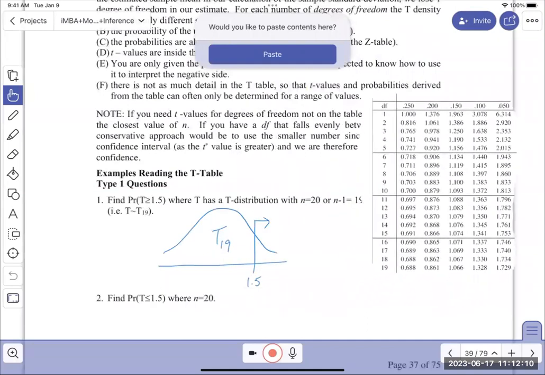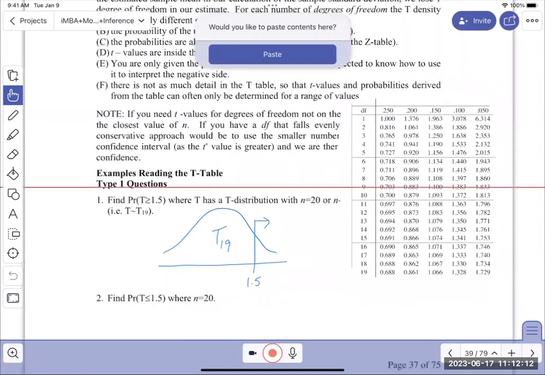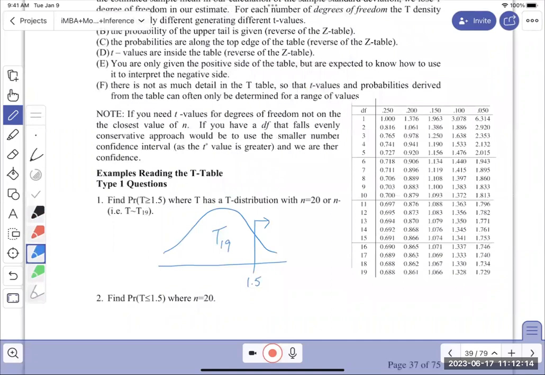Finally, okay. So I don't have 1.5, but I do have this number and this number. One is for 5% and one is for 10%. So I can put 1.729.